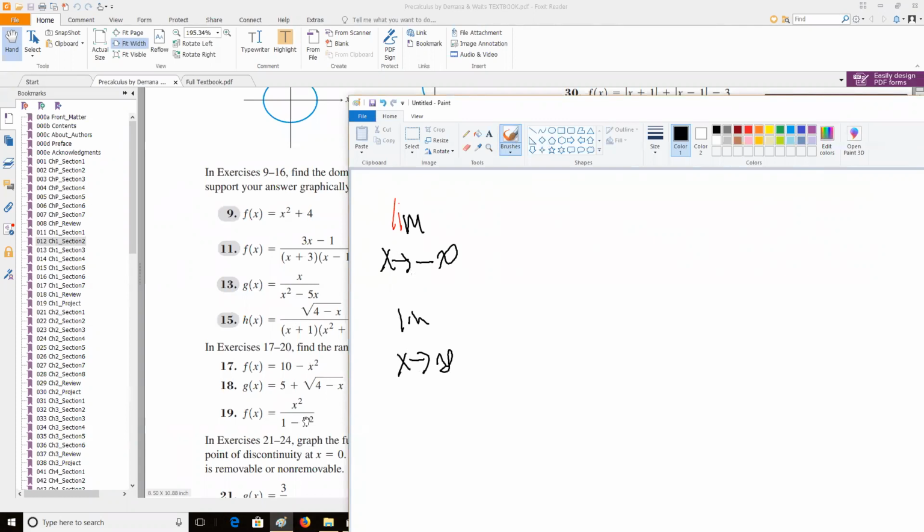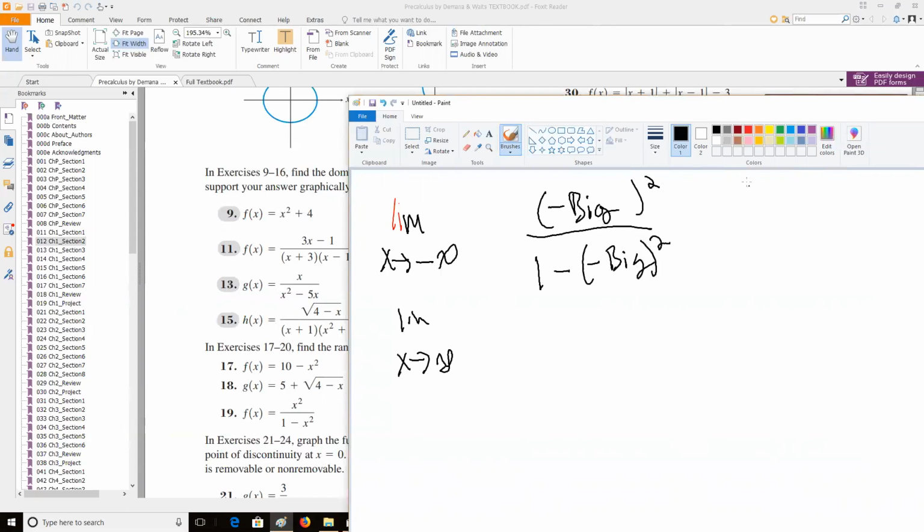Well, for this one, the top number gets squared. So if I pick a big negative number like 1,000 or 1,000,000 or 10 million, and I square it, in the denominator I'm going to get 1 minus a big number squared.